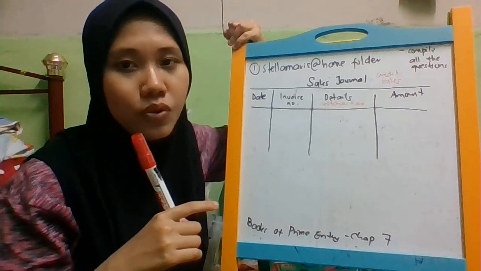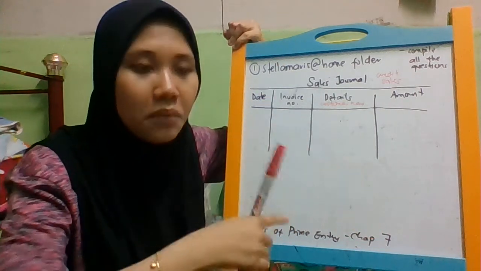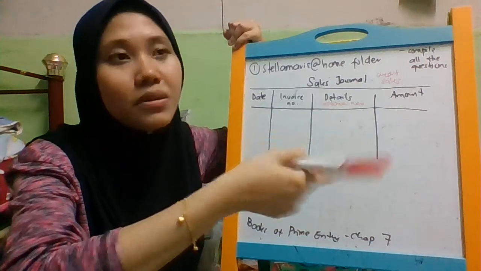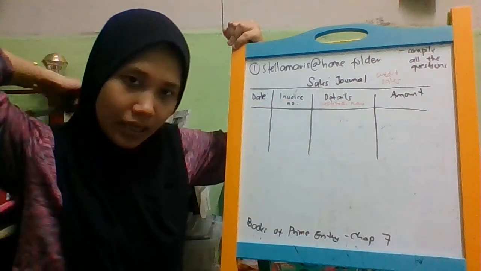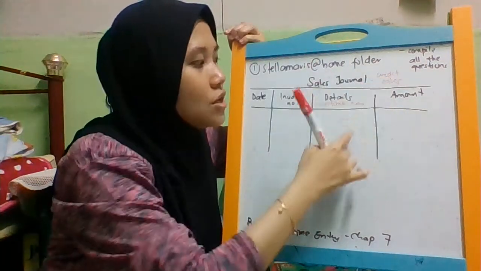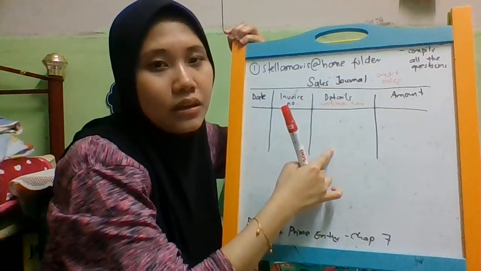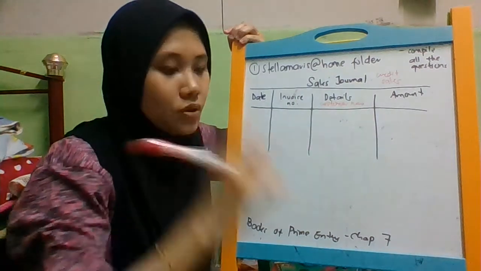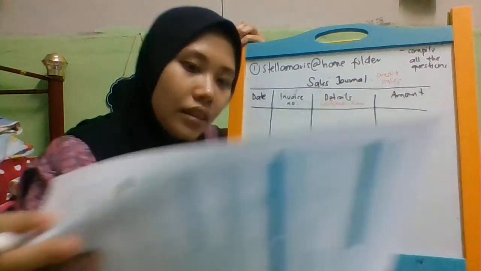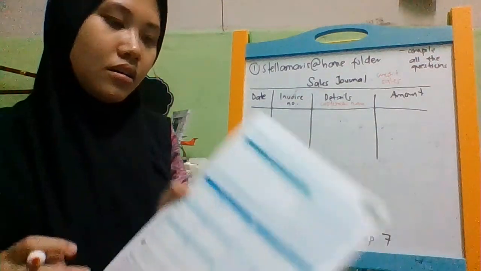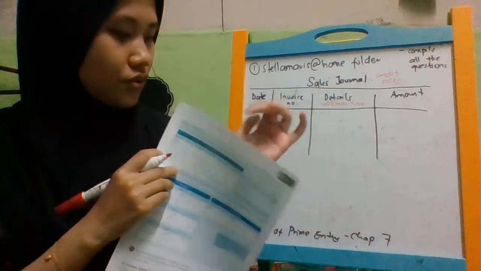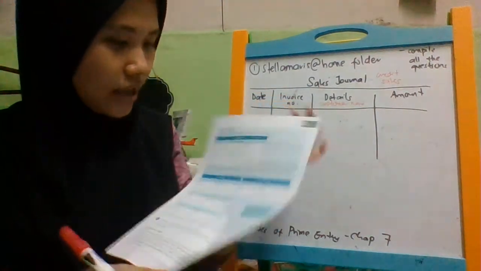They get the goods from you today, but they pay later, for example next week or next month. So the details must be all the credit customers. I also attached the notes to you regarding this chapter 7.